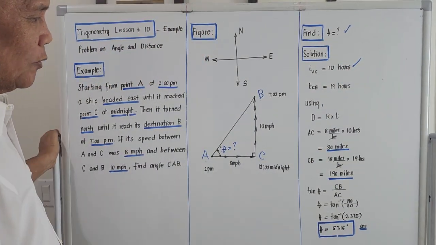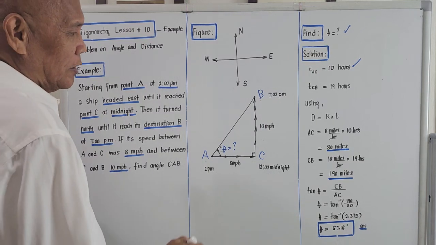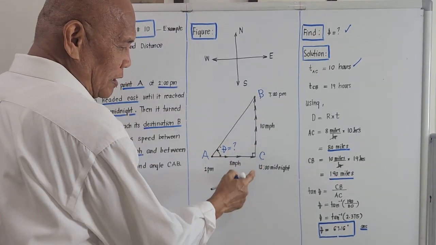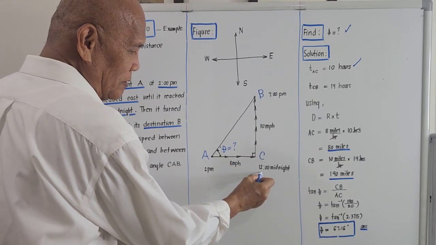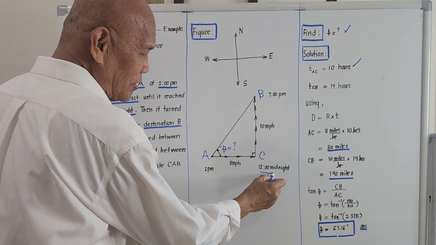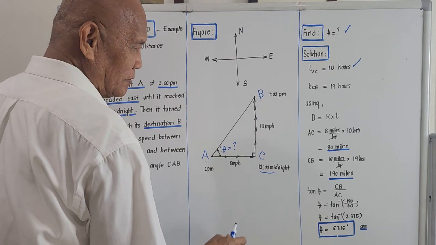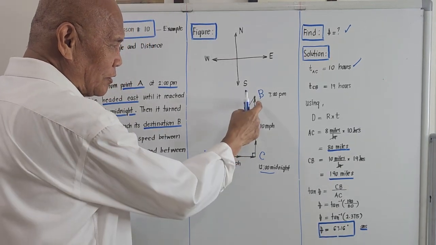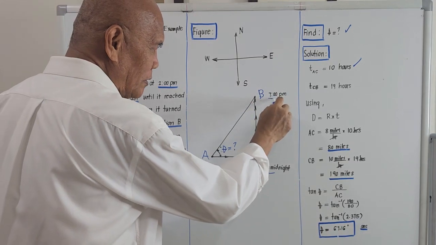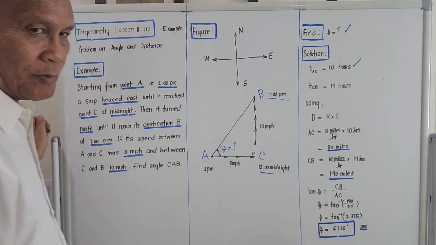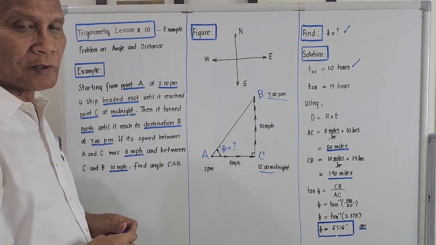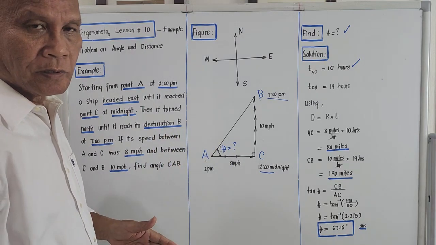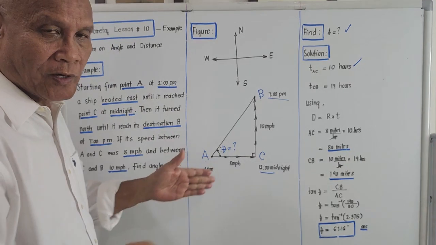What's the next one? We need to compute for the time from point C to point B. It reaches point C at 12 midnight. Then it travels going to point B. Then it reaches point B at 7 p.m. So actually, that was a very long time. It's one complete revolution of the clock, which is 12 hours, plus 7 hours.